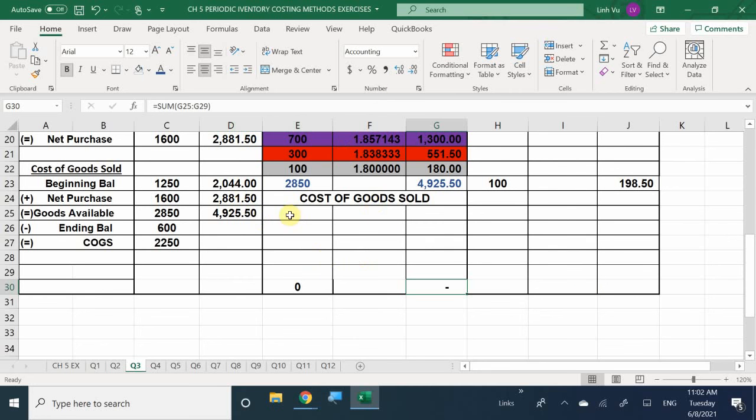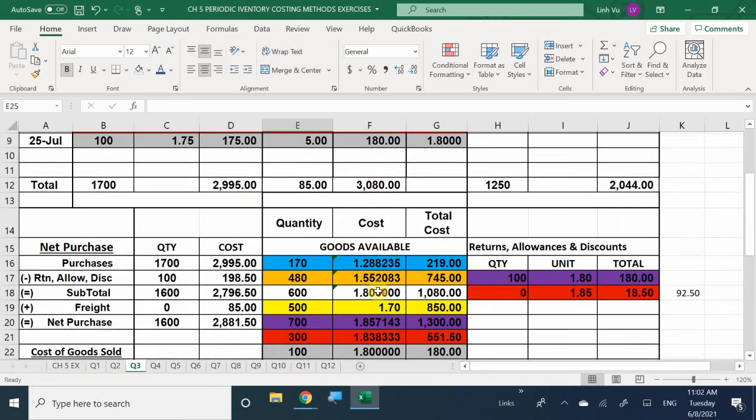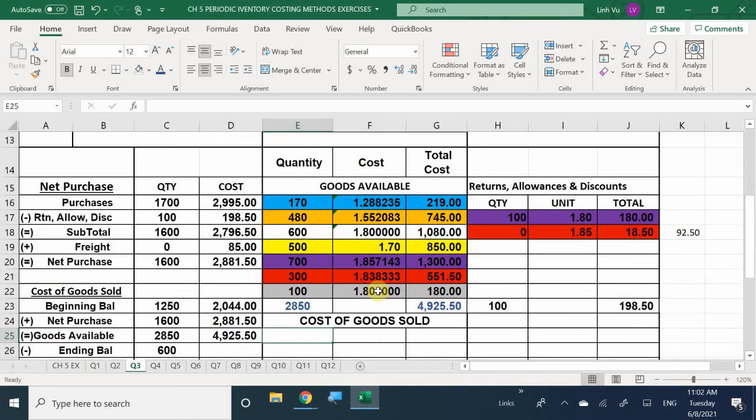Okay. So let's talk about the first batch. We're using first in, first out. Which batch am I going to sell out first? The gray one? Because we're doing last, oh, no, last in, first out, right?